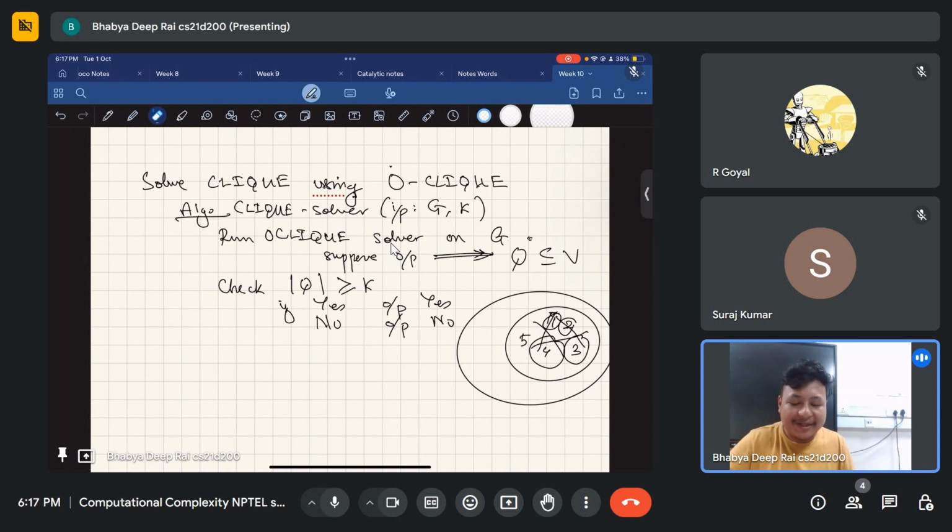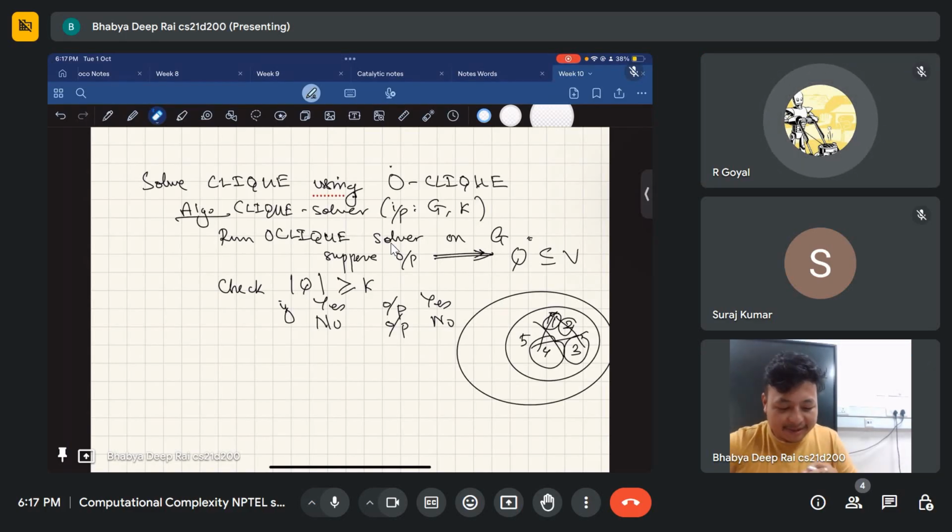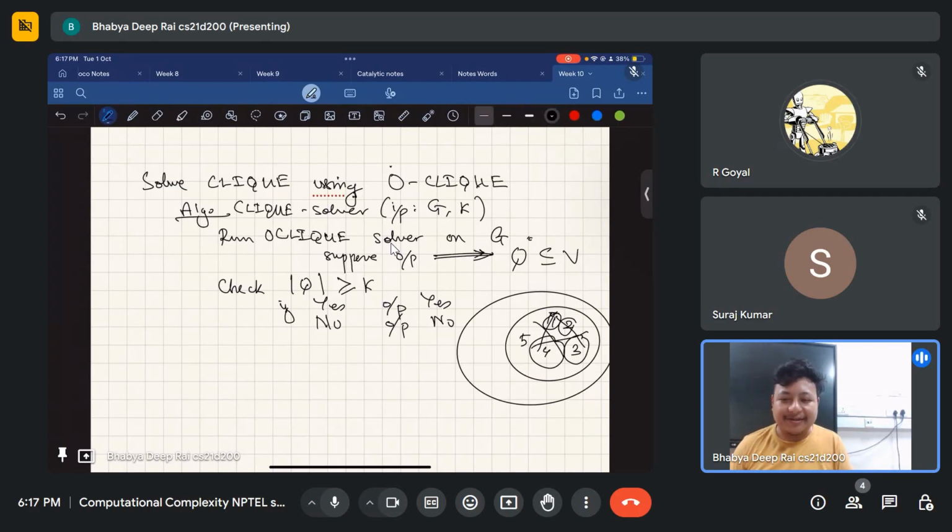Then it cannot be that there exists a clique in that graph of size k, because otherwise my optimal clique algorithm would have outputted that particular clique of size k or greater. And how many calls did it require to the subroutine? Only one.